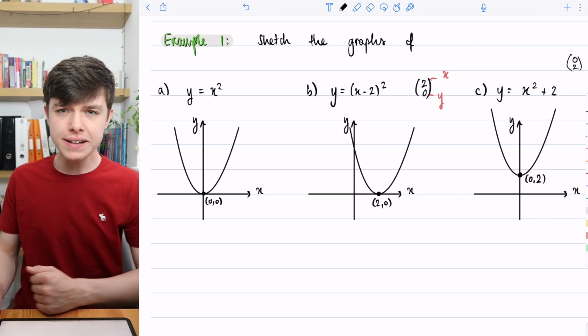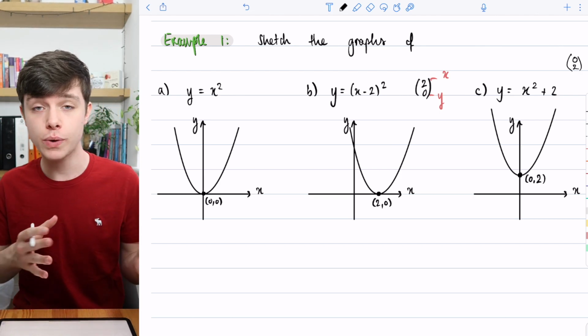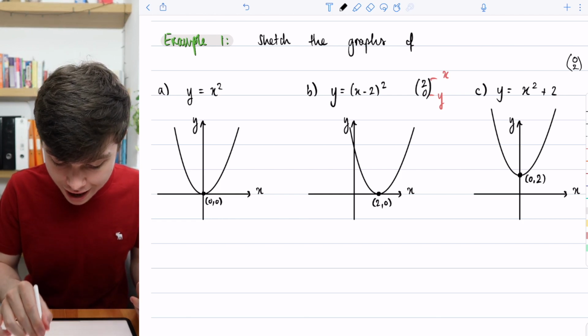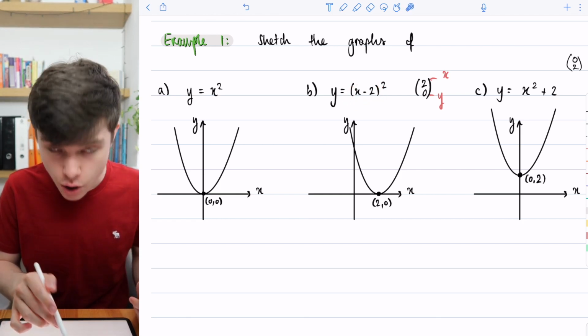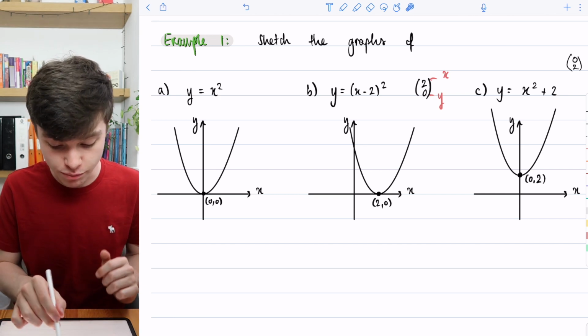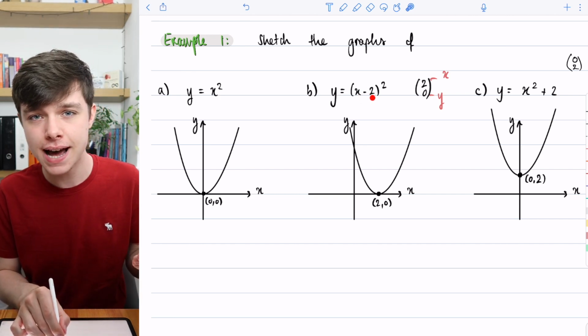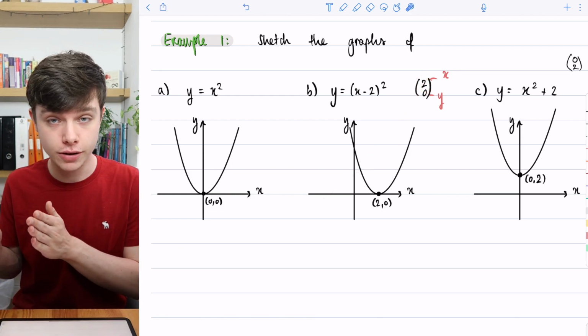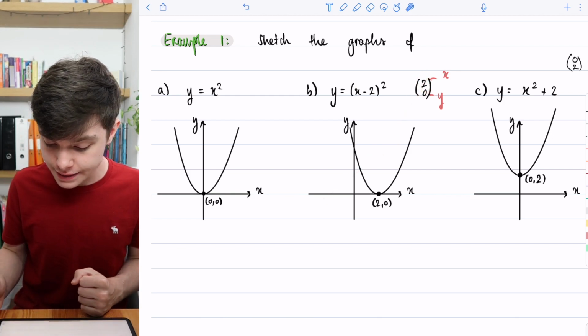Okay, so that's how we can differentiate between a horizontal movement and a vertical movement. If we are inside the brackets, we do a horizontal movement by the opposite sign, if that makes sense, because we had a negative here, so we moved it 2 in the positive x direction.